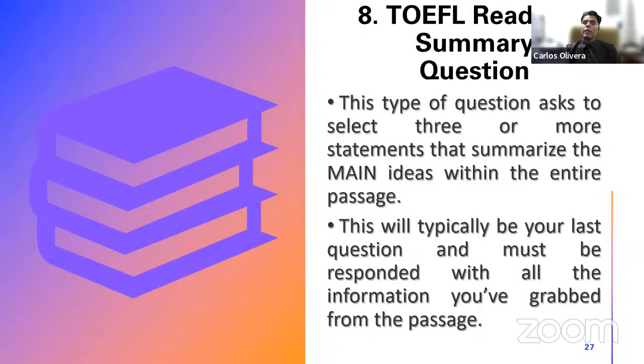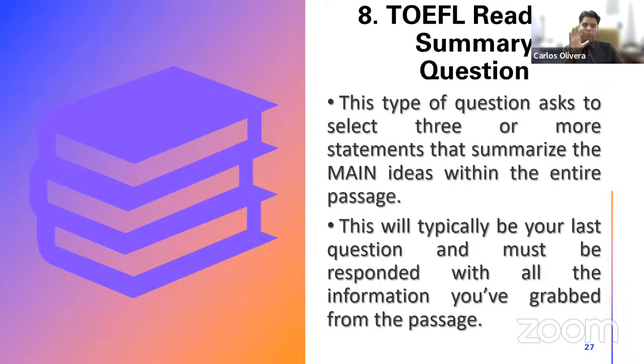So now let's move on to question type number 8. This is the reading summary question. This type of question asks you to select 3 or more statements that summarize, pay attention to this, the main ideas within the entire passage. This will typically be your last question.